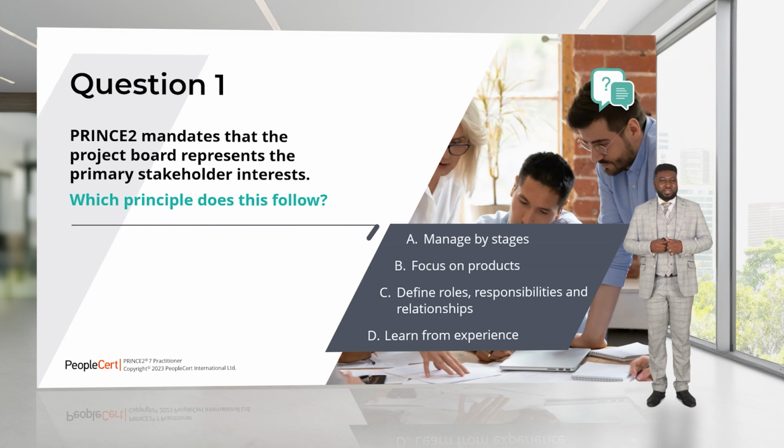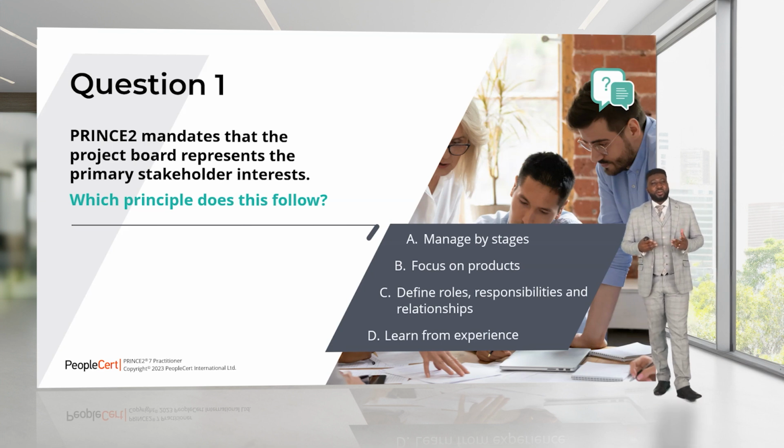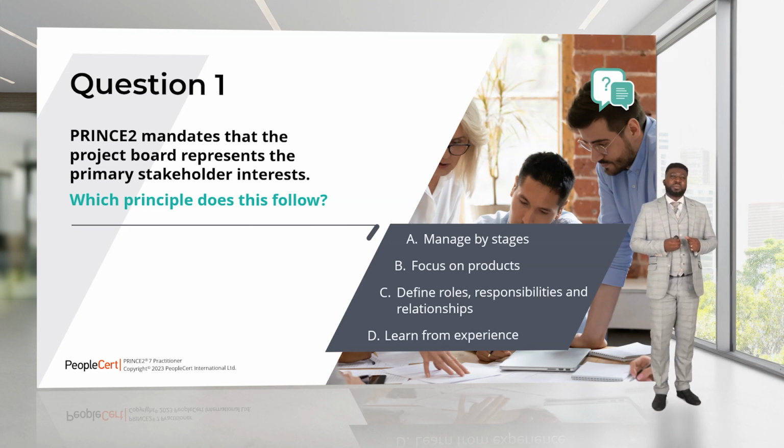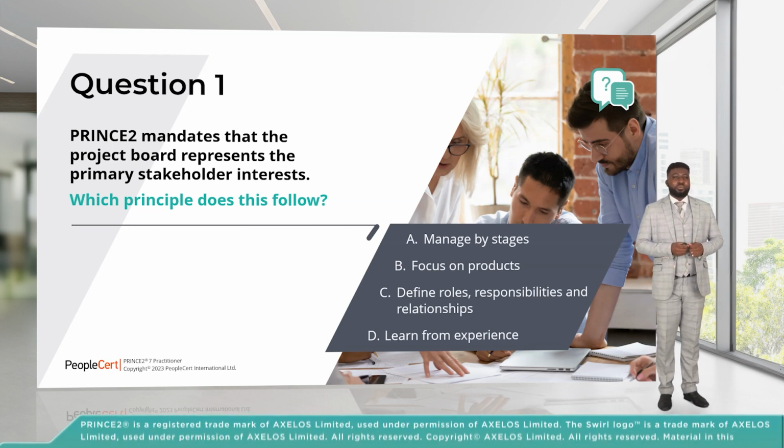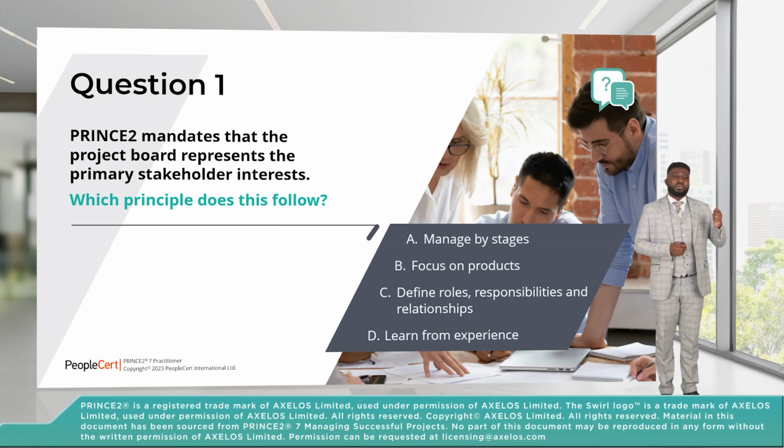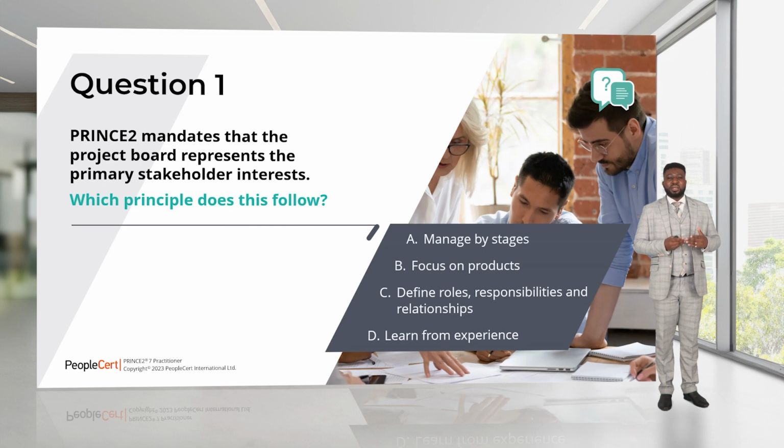So A is not the answer because that has to do with stage boundaries, not stakeholders. The second is focus on product, and focus on product is about quality. We want to make sure that the product that we desire is the product that we get at the end of it. Again, this has nothing to do with stakeholders.